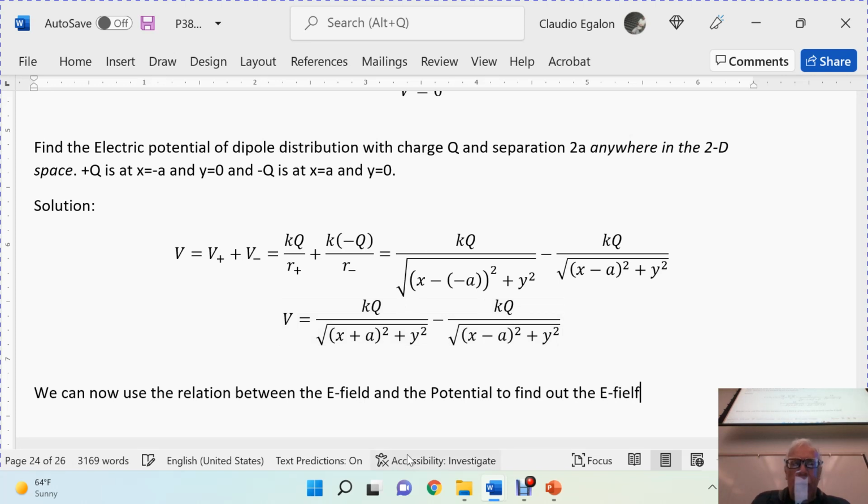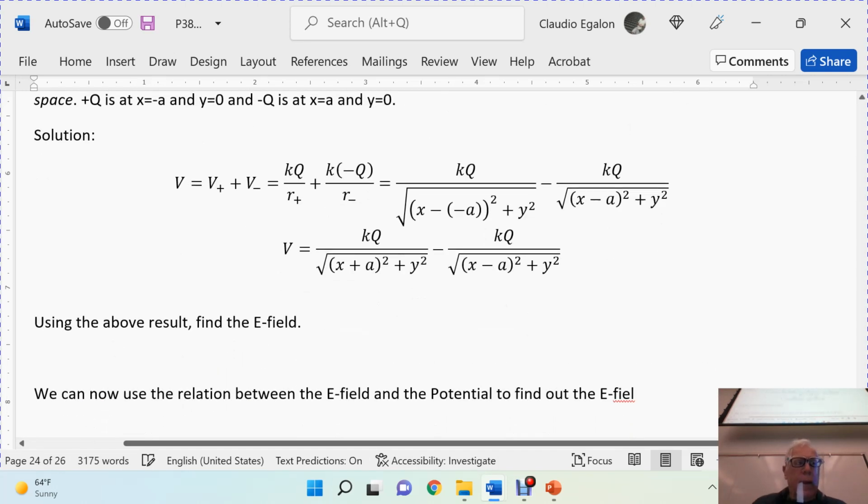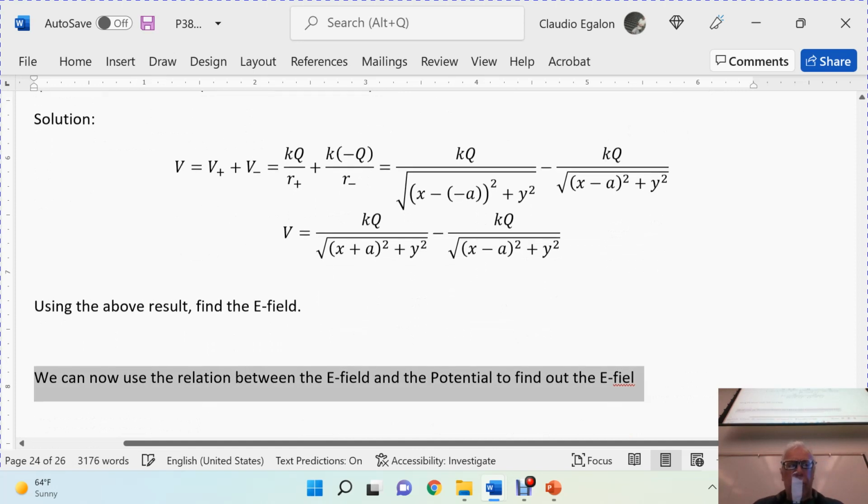Let's put it this way: using the above result, find the electric field. Okay, like that. Better this way.